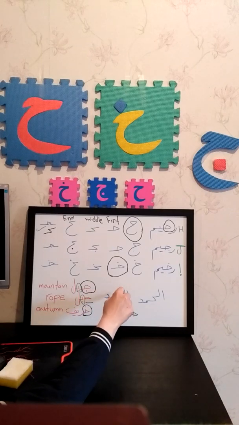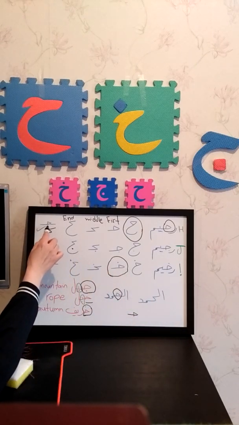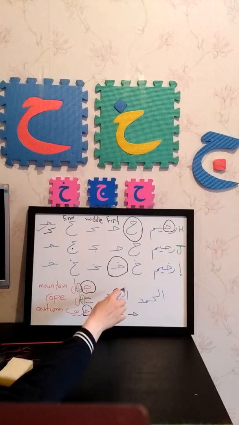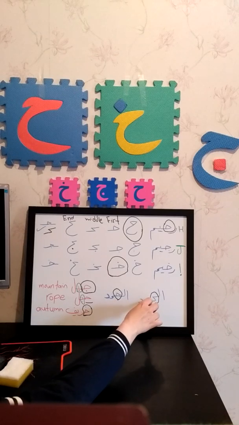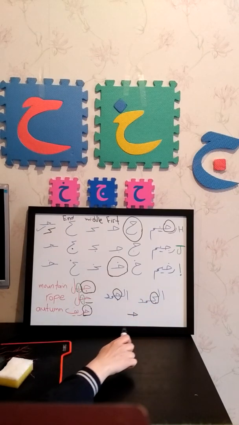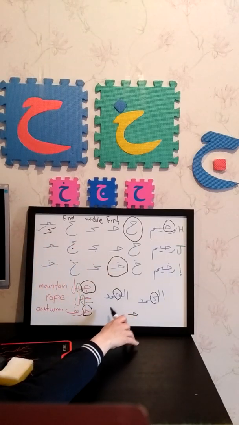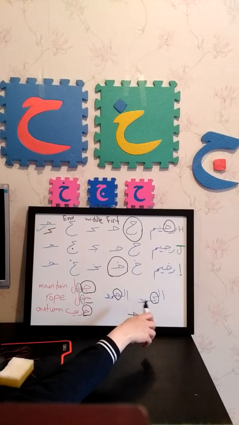Alhamd. It contains ha in the middle. Alhamdu also contains the two shapes, as I have told you, this shape and this shape, both are right.